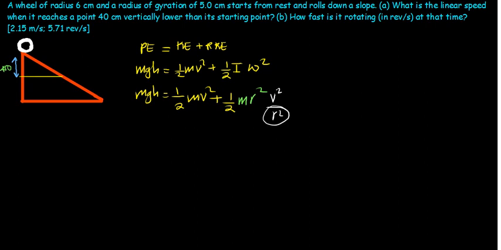Now this radius is different from this one. So the radius of gyration is the radius that is taken from the very point where the mass of an object is concentrated. In other words, where the moment of inertia can be calculated from. And therefore, when we are using the radius in the moment of inertia, we use the radius of gyration. Now this radius is simply the radius of the point from the center to where the end is.